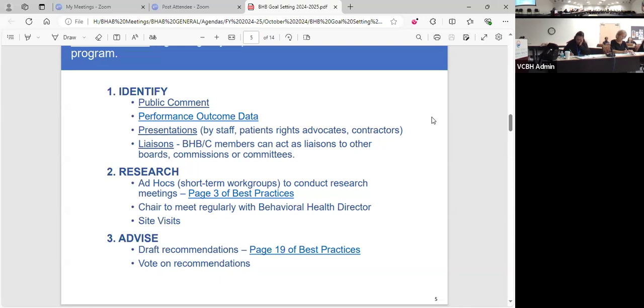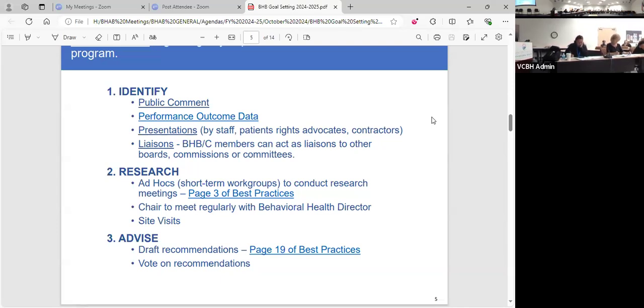All right, and then research: ad hocs. In the best practices document, we have some structure to help you with that, so that you stay within the Brown Act but are still able to use this tool, which does not require Brown Act meetings.